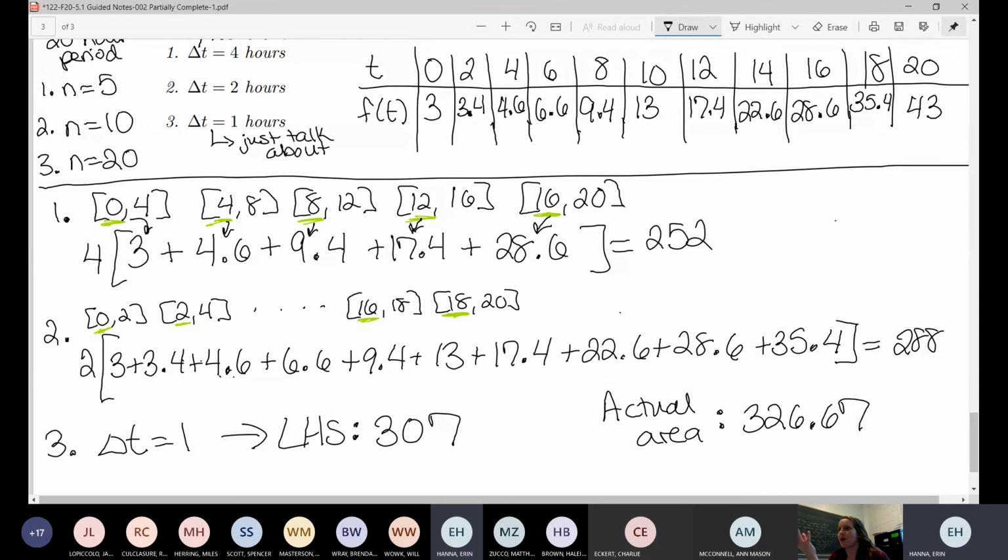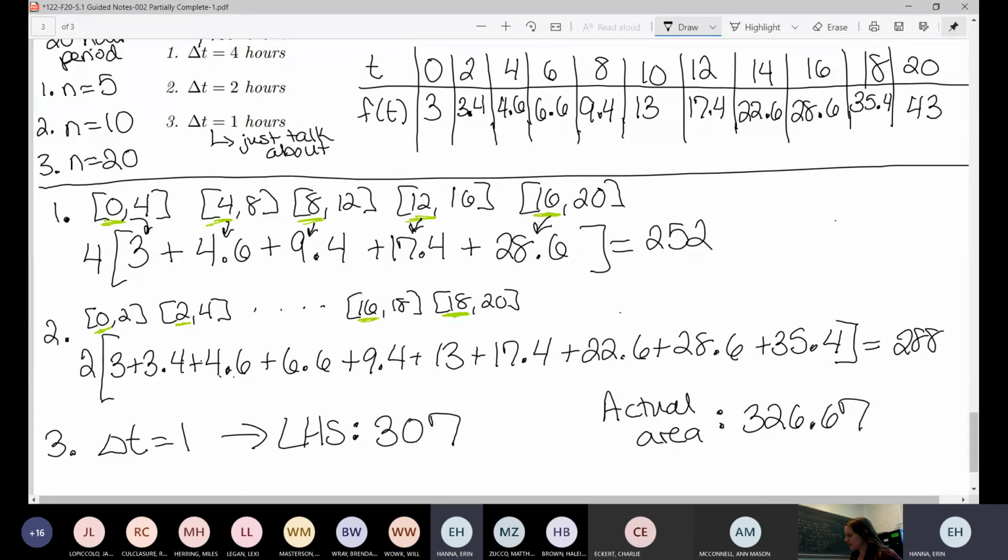I know that doesn't make a lot of sense, because how do you add up infinitely many areas? You don't. But that's what we're going to strive for in 5.2: looking at whether we can find a way to make these rectangles obnoxiously small and have a ton of rectangles without actually having to fully calculate that many areas.